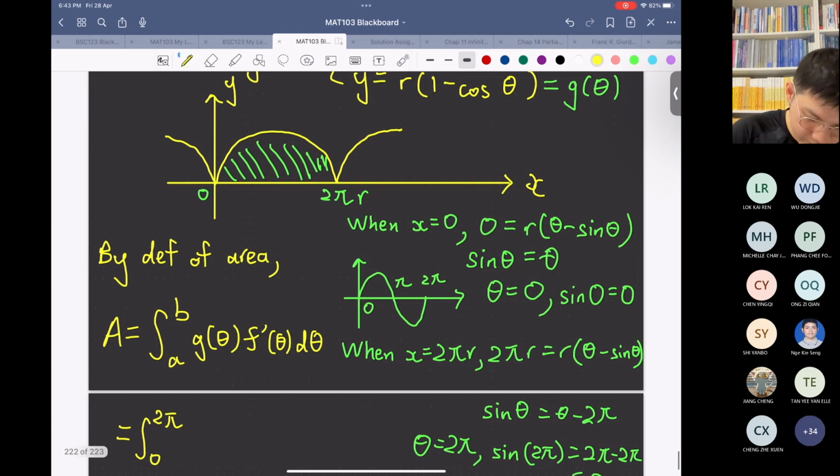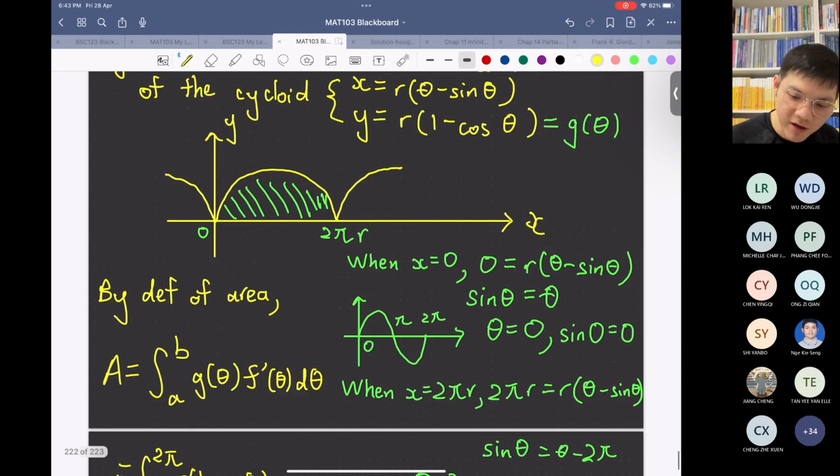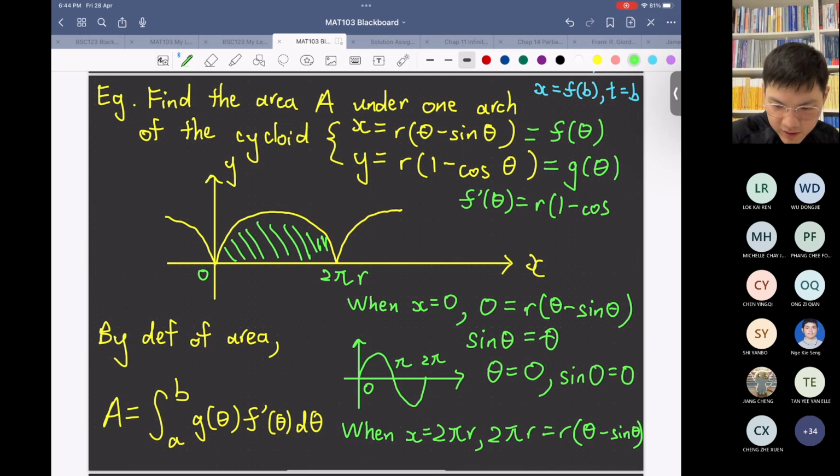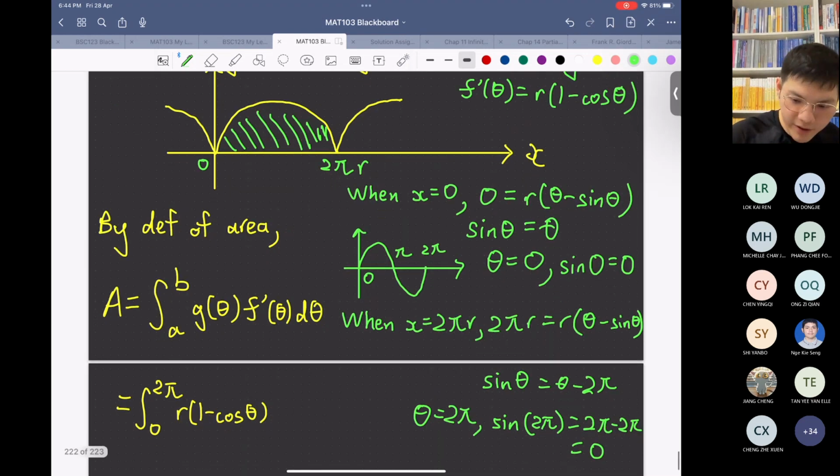So let's put it down: r times 1 minus cos theta. But we still need f prime theta d theta. What's f prime theta in this case? It is just r times 1 minus cos theta. So we plug this in: r times 1 minus cos theta again, d theta.